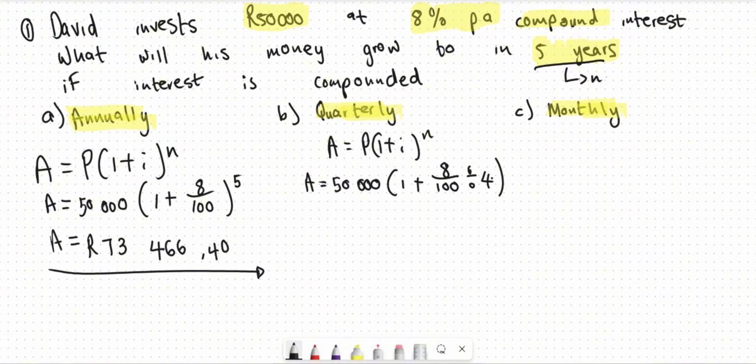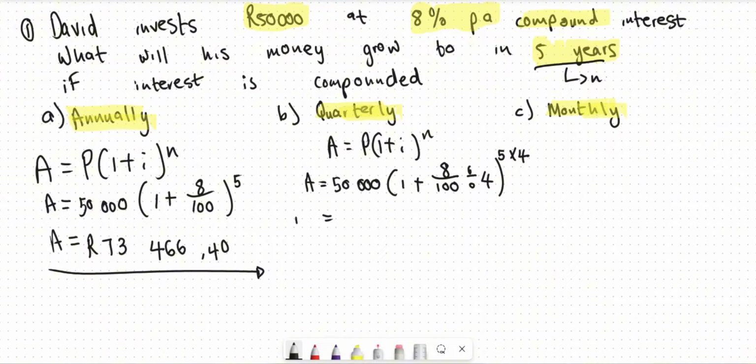And remember, 4 is our compounding rate for quarterly. And then our exponent will have the 5, the number of years, times the 4. The rationale there is that if it's compounded quarterly, that means it's 4 times a year, every 3 months. So 4 times a year times 5 years will give us 20 times in total.